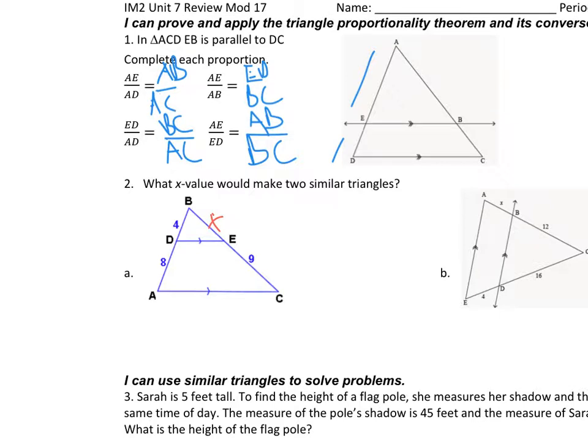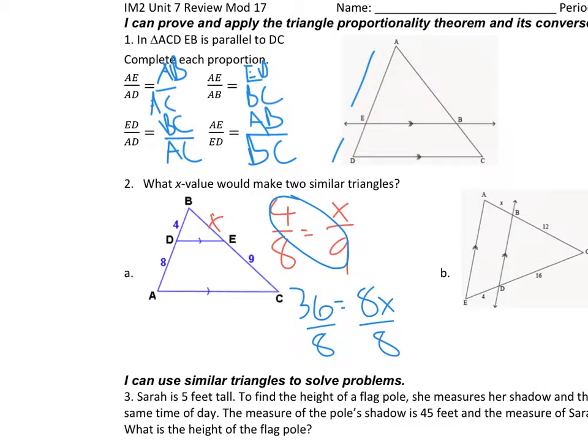So I'm going to go 4 is to 8 as X is to 9. We cross multiply, and I get 4 times 9 is 36 equals 8x. Divide by 8, and x equals 4.5.